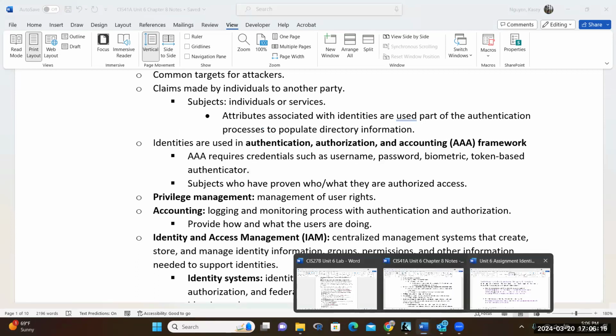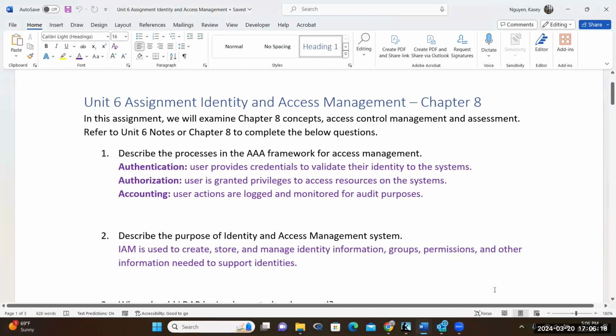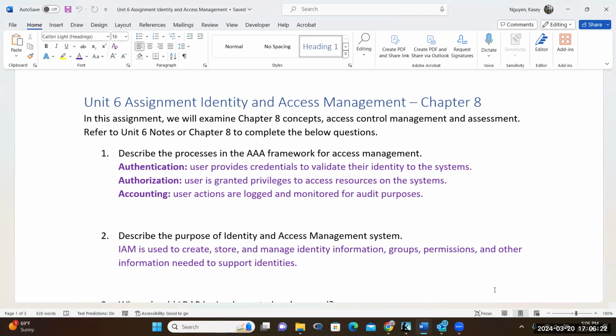So to answer the first few questions, it asks you to refer to the notes and describe processes in the AAA framework for access management. So in authentication, the user would provide credentials to validate their identity, right? And we talked about how we use their identity, who they are. So if they are staff in a certain department, they might belong to a certain group, and we would control what that group could access.